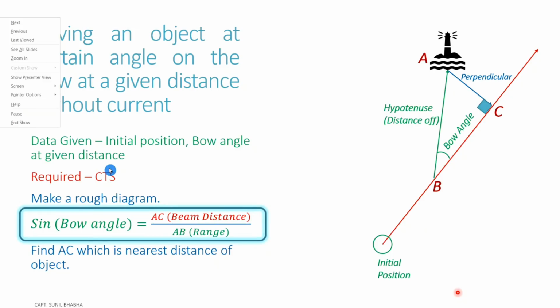No, sir. Okay. So let's see its plotting now on the chart. This was a rough diagram. Once you know the beam distance or the nearest distance, now we can easily solve this question. It can be plotted on the chart and the CTS can be found. So let's move on to the chart.